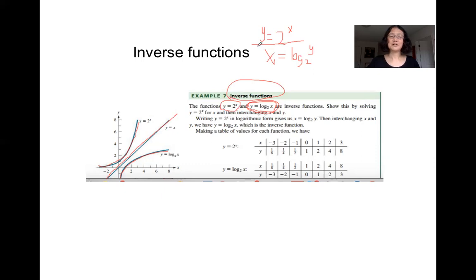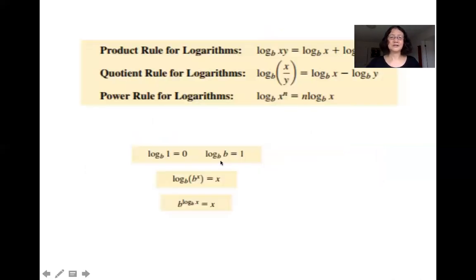And normally, x is the independent variable, y is the dependent variable. So from here, you switch the letters x and y, you get y equal to log base 2 of x. And this is the inverse function, okay?